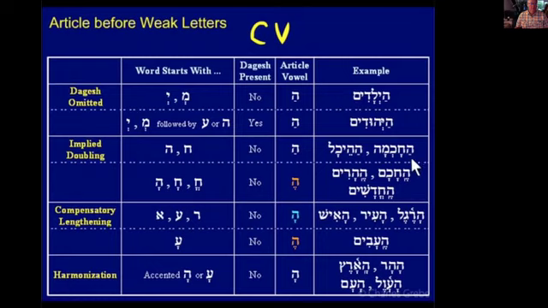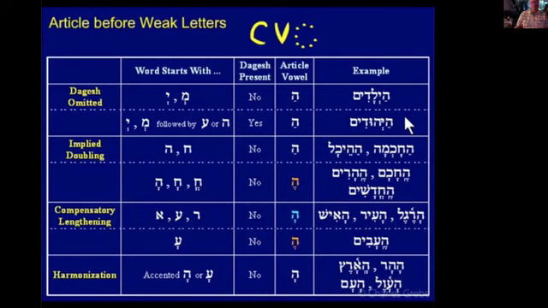The patach stays. And that's a short vowel, and that's not permitted. So what they say is, okay, we don't see a dagesh there, but really there is doubling happening, we just don't mark it. So I suppose you could say this is a CVC with an implied final C. So that's why they call this implied doubling or virtual doubling, while this is just dagesh omitted.